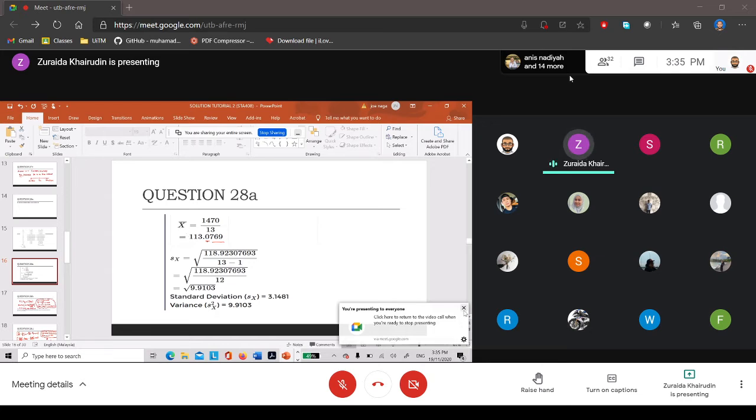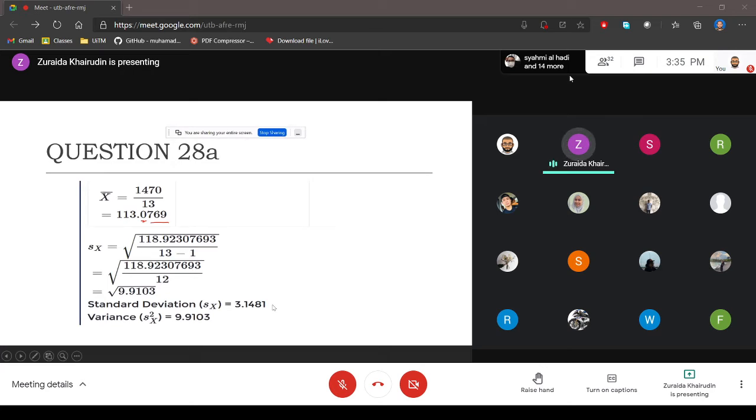Alright, for question number 28, this will be the result. Any problem getting these answers? For your information, you can also use your scientific calculator. Usually, if you have a physical class and physical assessment, we will teach students to use the calculator.